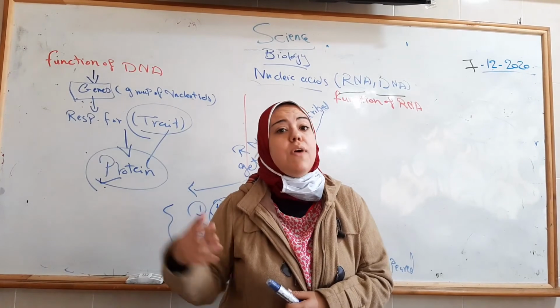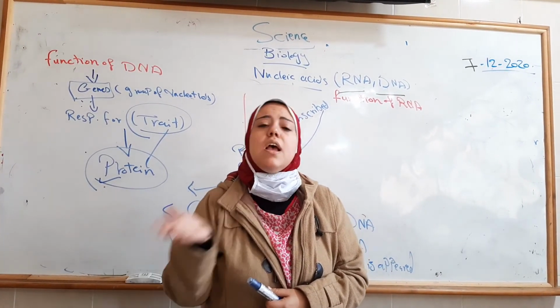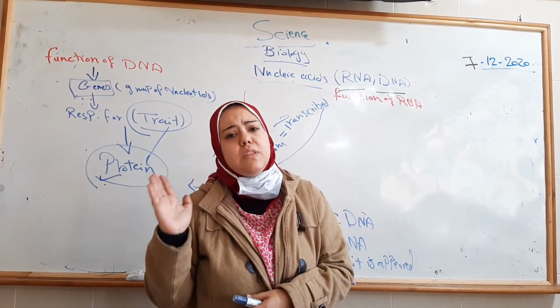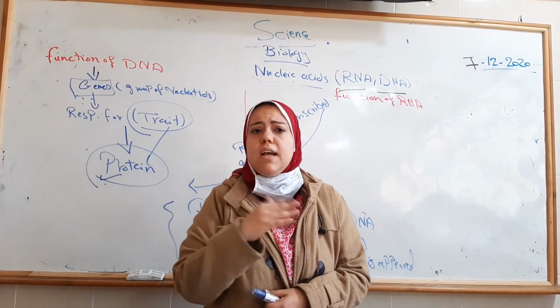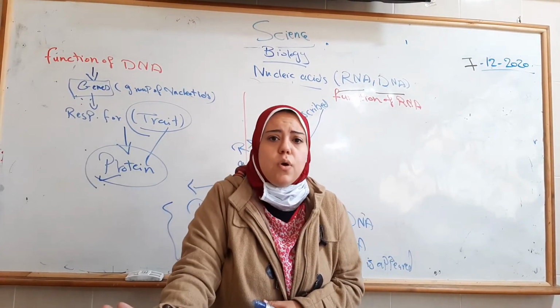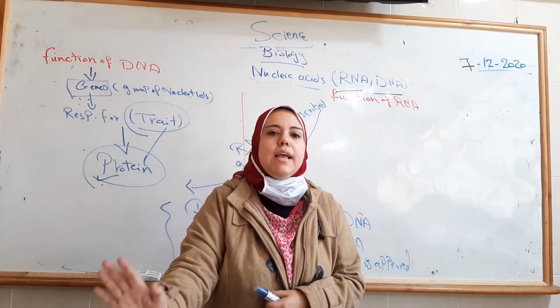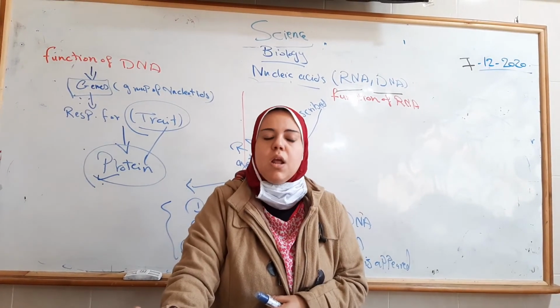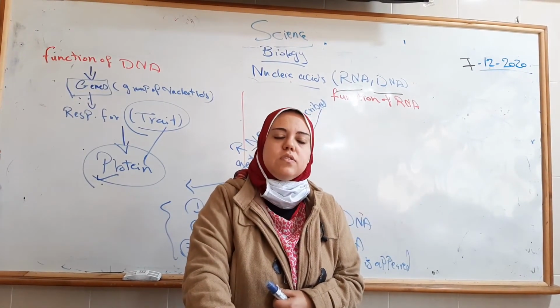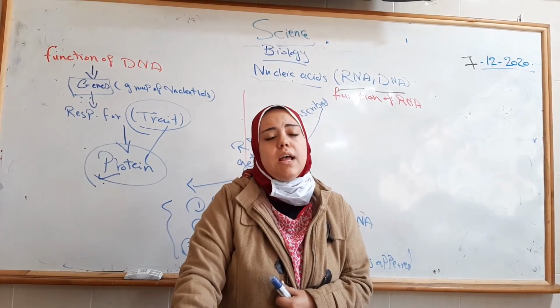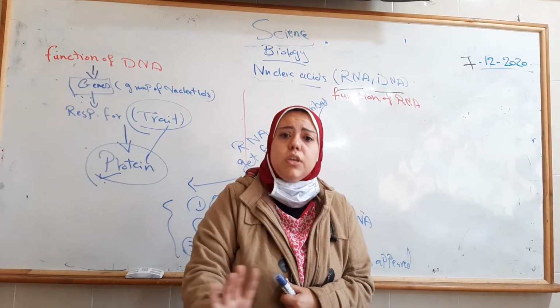DNA consists of phosphate, and RNA also consists of phosphate. The type of nitrogenous bases is different between those nucleic acids. DNA contains 4: adenine, guanine, cytosine, and thymine, while RNA also has 4 but differs in one: adenine, guanine, cytosine, and uracil.